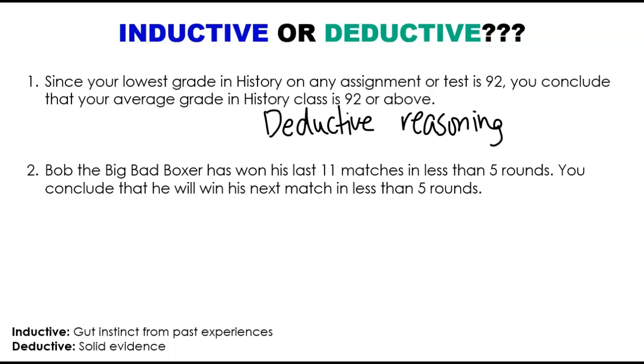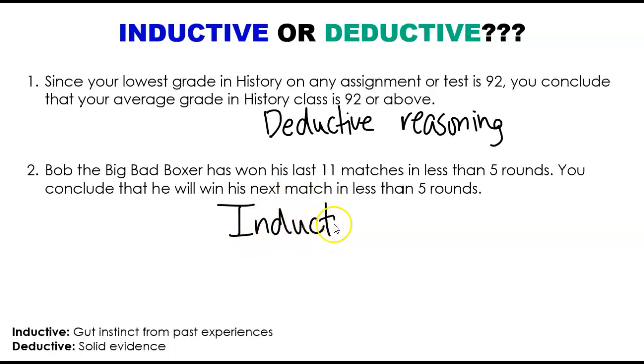There's no definition, no rule, no law. What if he's hurt that day? What if he doesn't feel good that day? He may not be as good as he normally is, right? So we concluded that he'd win his next match in less than 5 rounds based on past experiences, or our gut instinct. So this is inductive.